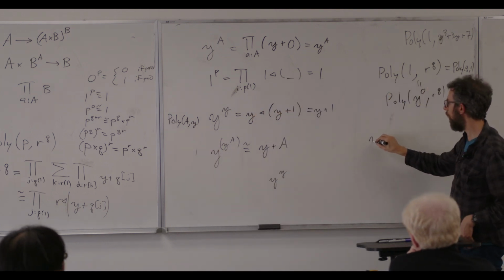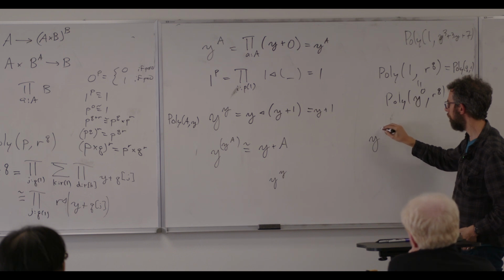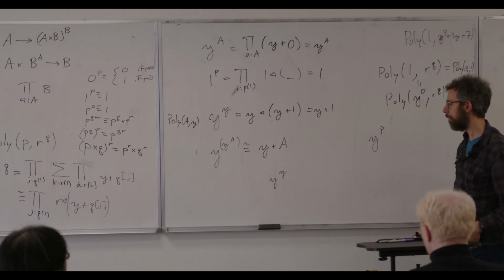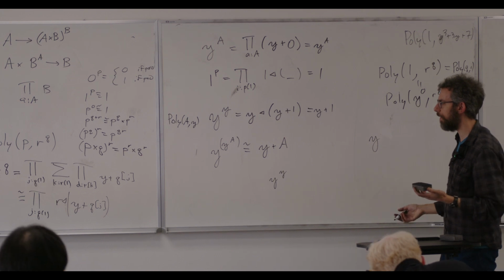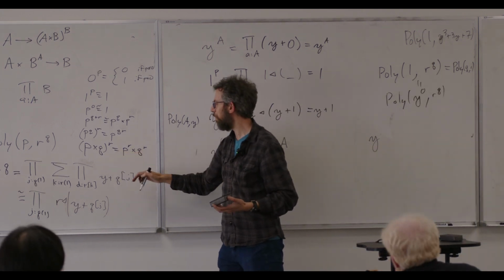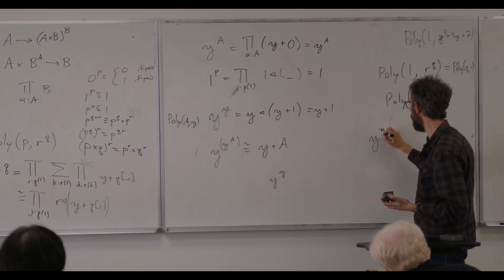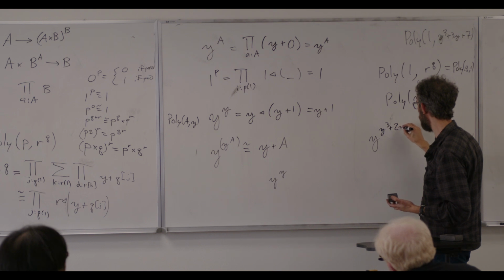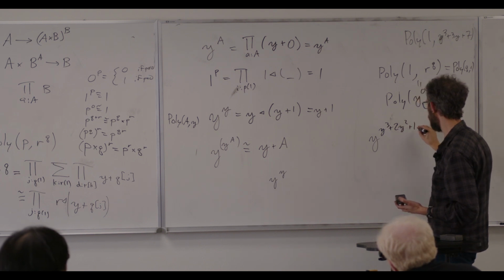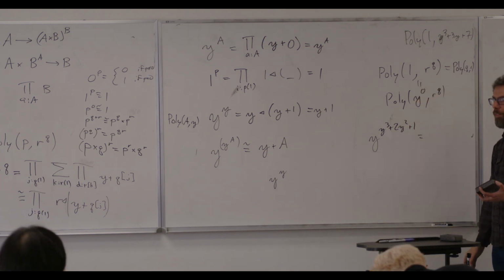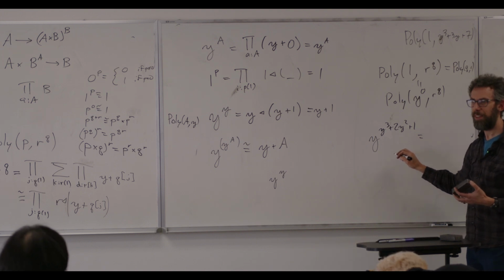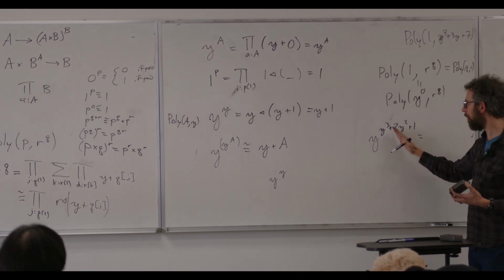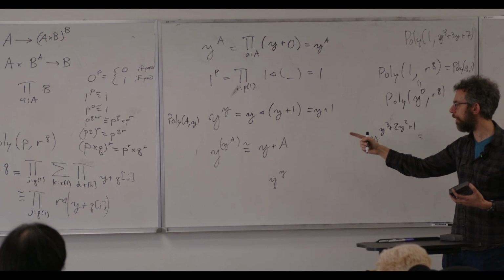Okay, so what is y to the power p? Well, instead of giving you the general one, because we've done all of them, they're all contained here. But okay, what is y cubed plus 2y squared plus 1? Well, anyone know? You march through the summands, and for each one you write down this thing.